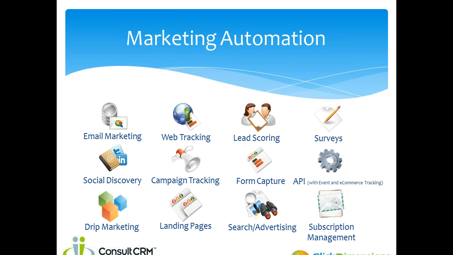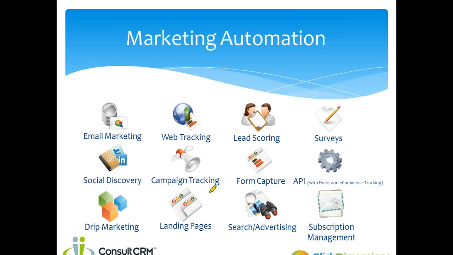Let me start by describing what marketing automation is. People have thought about marketing in terms of blasting out emails and maybe seeing who clicked on the links and where the interest was. Marketing automation takes that to an entirely new level and lets you not only do a bulk email and track who opened and clicked, but also then see what people did on your website, see who really was engaged and what they were interested in, and even score them.